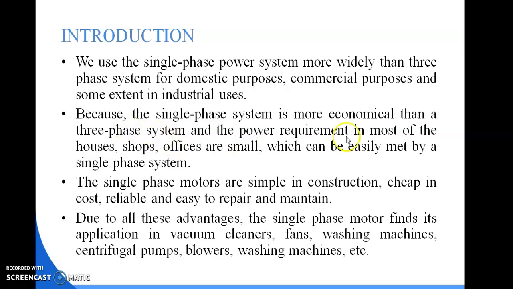Because the single phase system is more economical than a three-phase system, and the power requirement in most of the houses, shops, offices is small, which can be easily met by a single phase system. So why should we unnecessarily go for a three-phase connection? In those cases, for that particular operation, we are going for a single phase system.